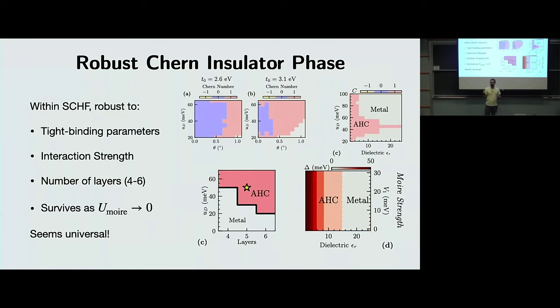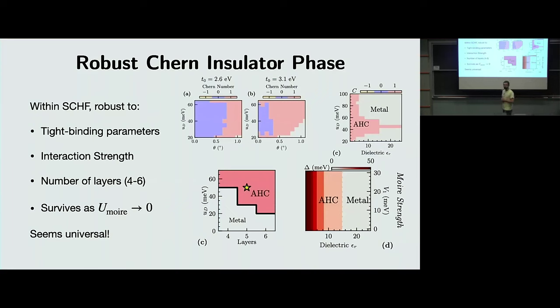We can change the interaction strength by a large factor, and the Chern insulator survives. We can change the number of layers, and the Chern insulator survives. And finally, we can tune the Moiré strength, which was already weak. We can turn it off, and we still have this Chern insulator there. I'll return to that point by and by.